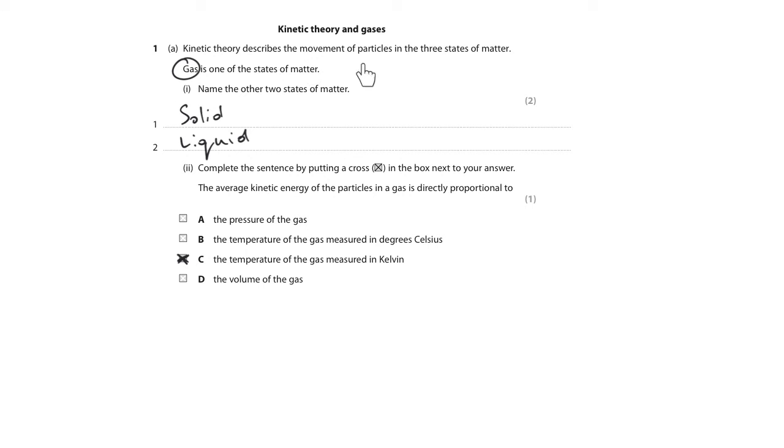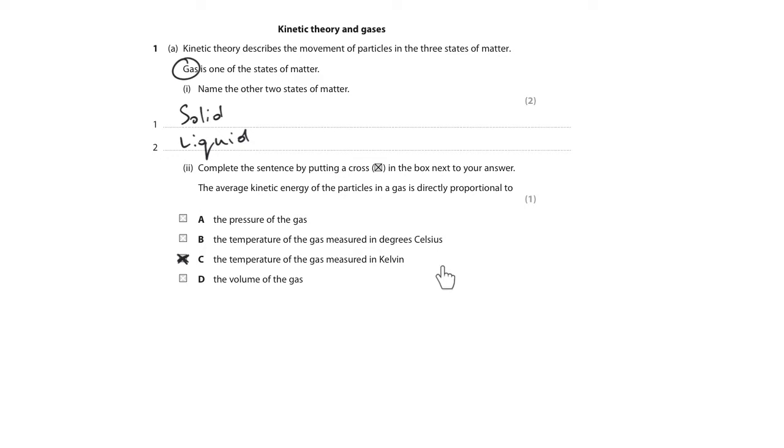Next question then. Kinetic theory describes the movement of particles in the 3 states of matter. Gas is one of those states of matter, name the other 2, solid and liquid. Complete the sentence by putting a cross in the box next to your answer. The average kinetic energy of the particles in a gas is directly proportional to, it is C, the temperature of a gas in Kelvin.